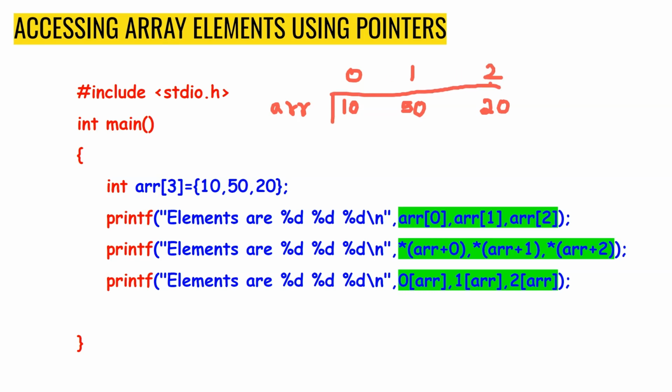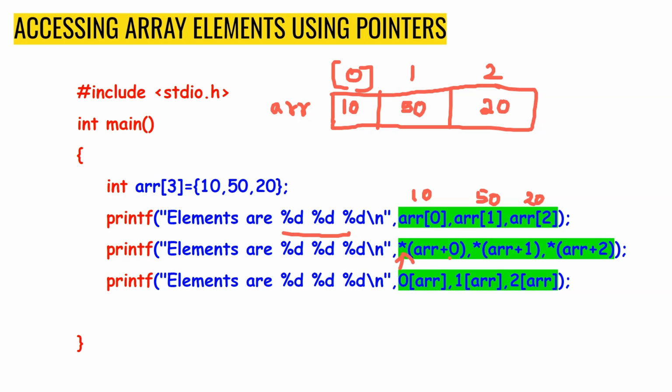In the first printf, we are just using the normal way of accessing the array. We are accessing the 3 elements, %d, %d, %d: array of 0, array of 1 and array of 2. The elements would be 10, 50 and 20. In the second printf, we are using the pointer way of accessing. Star ARR plus 0 means the element at the first location.